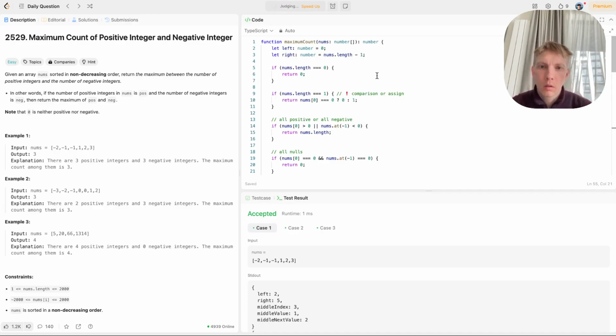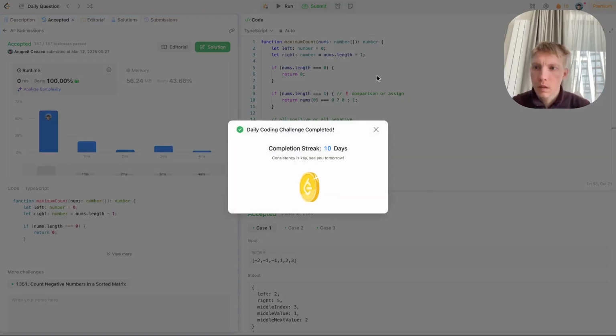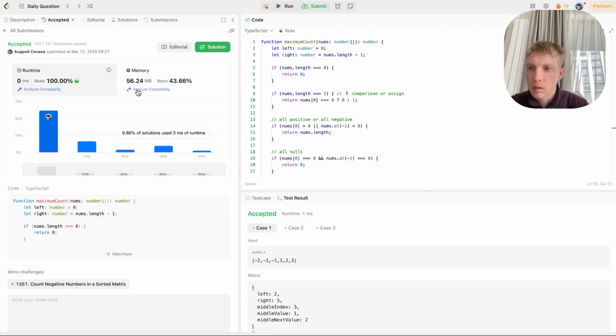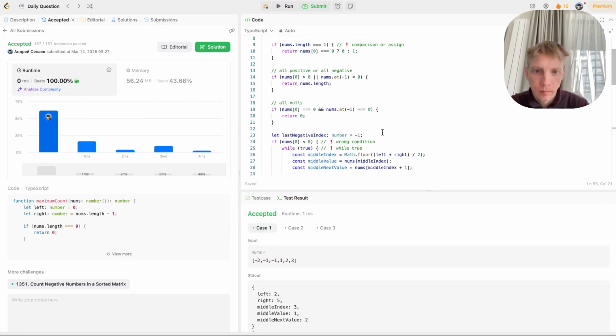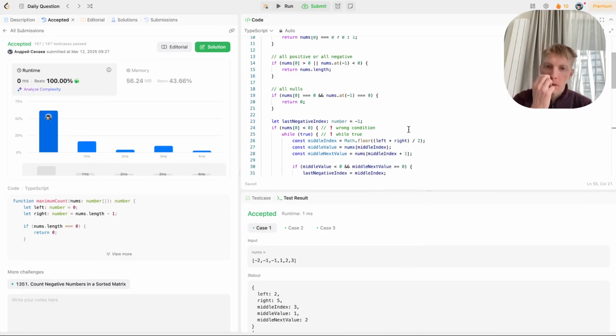And let's see what will happen. Yes, beats 100% of solutions. Good result. Okay, a little bit later I will go back. We will look at the complexity, at my mistakes, and at other options.